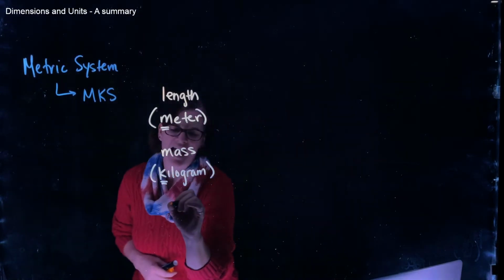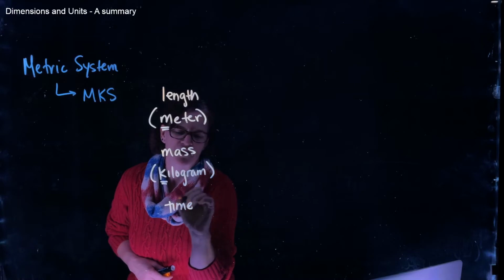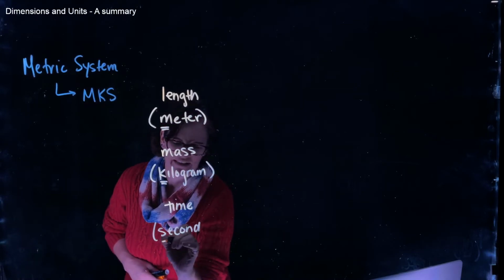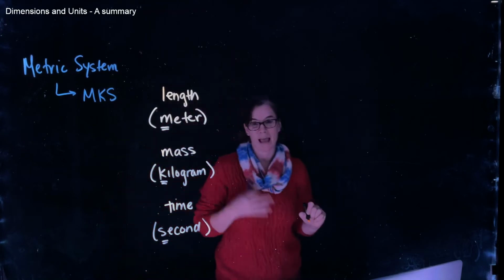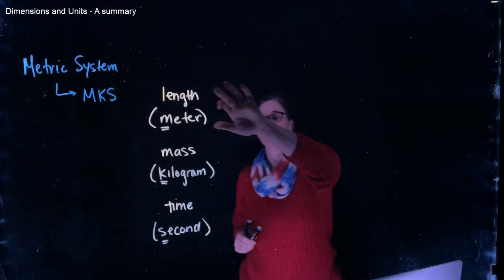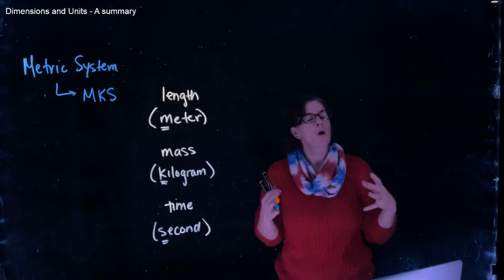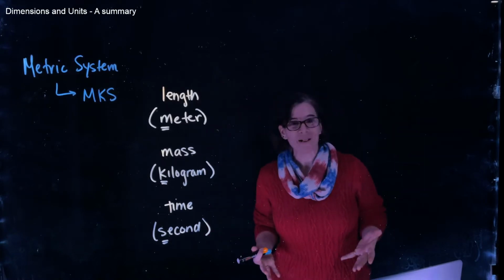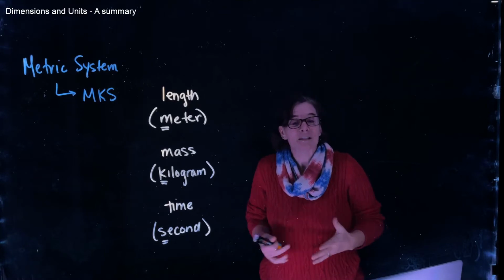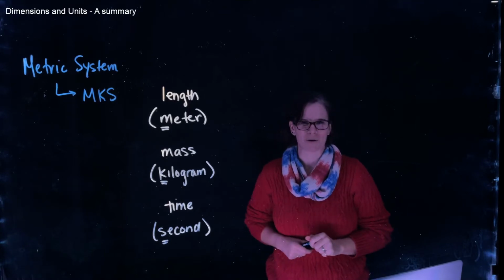And then the S is our time dimension. And we use the second for that time dimension. So when you hear the word MKS system, that's really referring to the dimensions of length, mass, and time, which cover almost all of the dimensions and the units that we deal with in an introductory physics course.